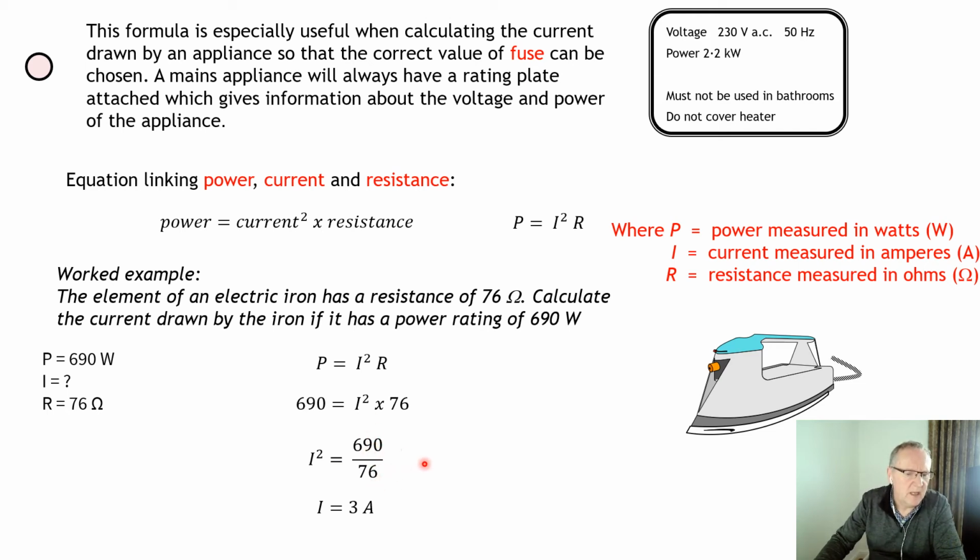I think it works out to be 9.1, but that's what I squared is, and that's a common mistake that people leave it at that stage. You have to remember to take the square root, which rounds to, I think it's 3.0 something or other, so it just rounds to 3 amps. So that's the complication you have when it's got the squared term involved.